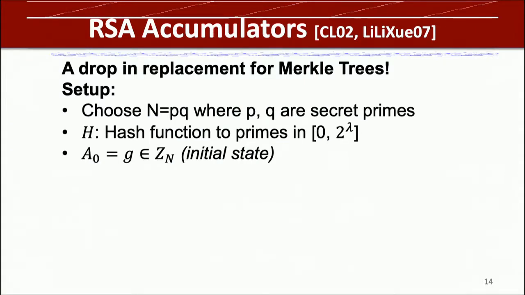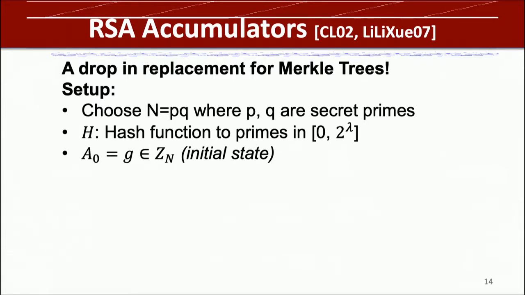These accumulators work in so-called RSA groups, and you have to choose an RSA modulus, n, which is the product of two primes, and it's very important that these two prime factors are thrown away. This is a trusted setup. The other thing I need is a hash function which maps my elements to primes. Then I initialize the accumulator with a so-called generator of the group.